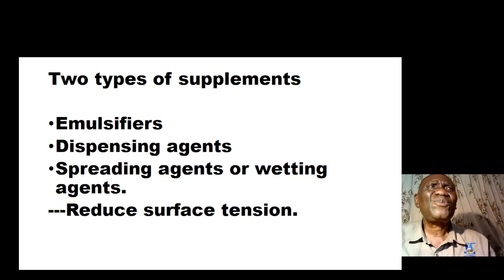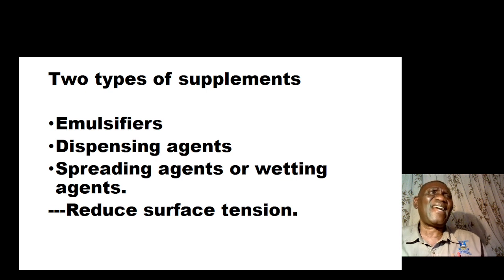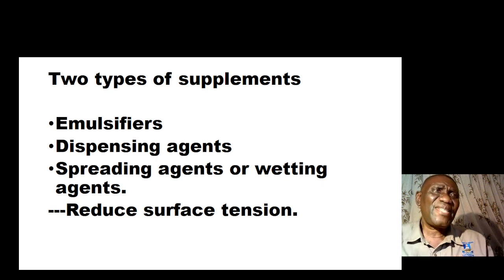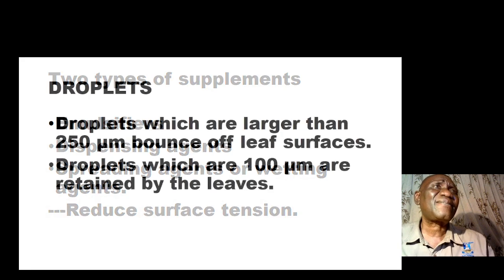So we've got two types of supplements. Some are emulsifiers, some are dispersing agents or spreading agents or wetting agents to reduce surface tension so that the droplet can actually remain on the target.